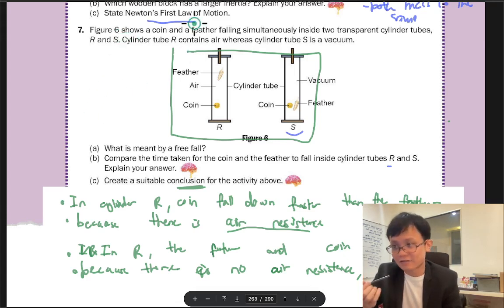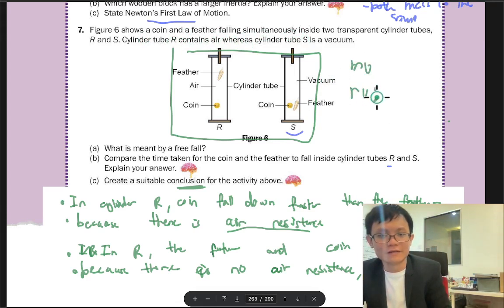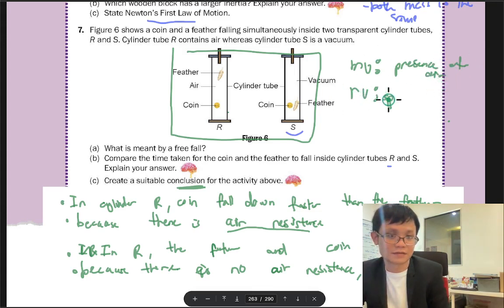If you read the question, you can see the MV and the RV, manipulated variable and responding variable. Wow, he also didn't write. It is not easy. Okay, but let's try to find the MV and the RV. We can say that the MV is the presence of air, and the RV, I will say, is the speed of the item falling down.